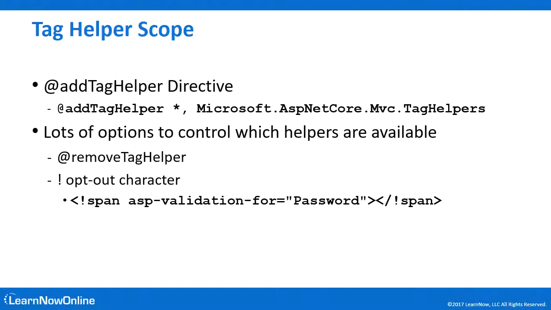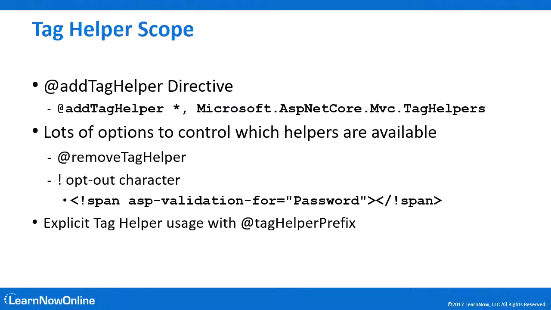So if I want to have a span here that might otherwise be treated as a tag helper, I just include the bang before the element name in both the opening and the closing tag. And the nice thing here is that if you're using Visual Studio and you create a span tag with that bang character, then Visual Studio will automatically add the closing element with that same bang character.